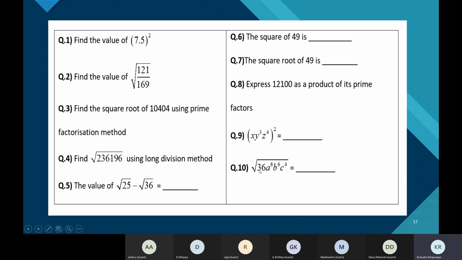What do we mean by this? It's the square root of 36 into a to the power 8 into b to the power 6 into c to the power 4. How do we get rid of the square root?